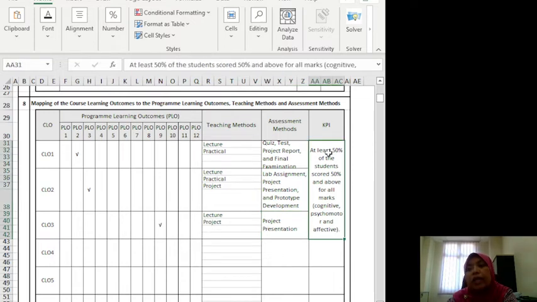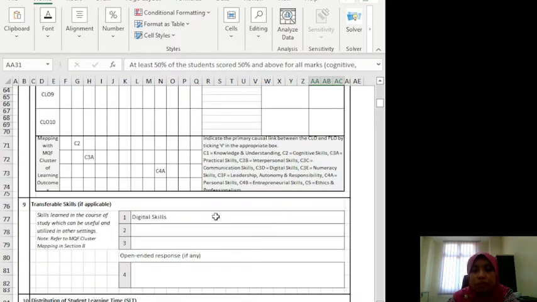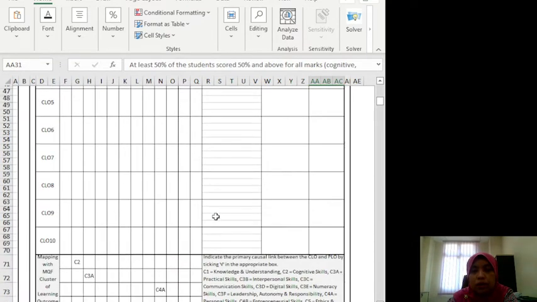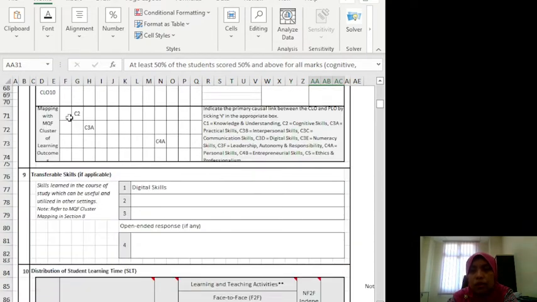Okay, the KPI at least 50% number of students will achieve more than 50% marks based on the cognitive, psychomotor and also affective. Alright. Okay. So C2, cognitive skill. Okay, macam mana you nak menjawab soalan.